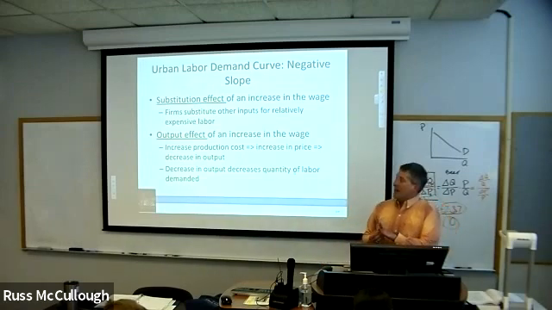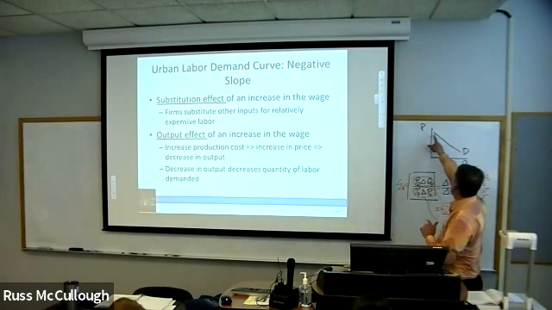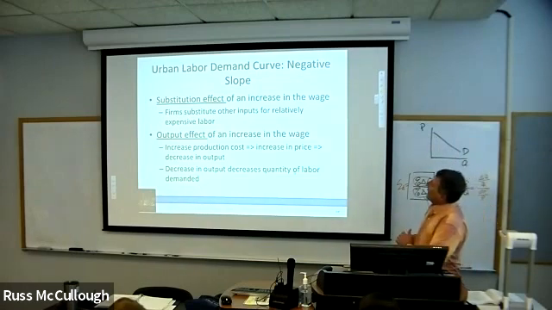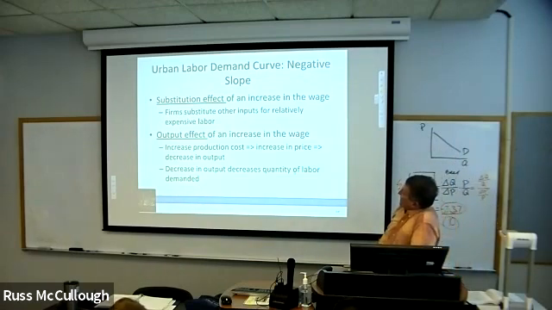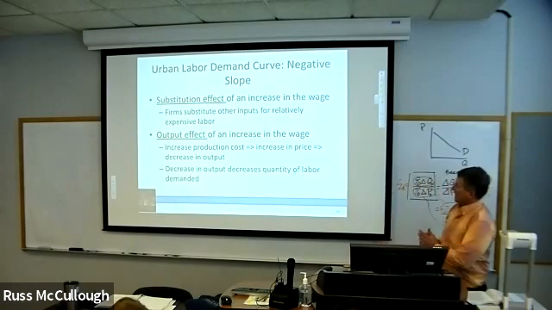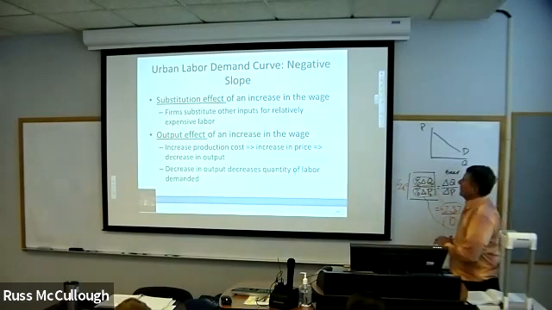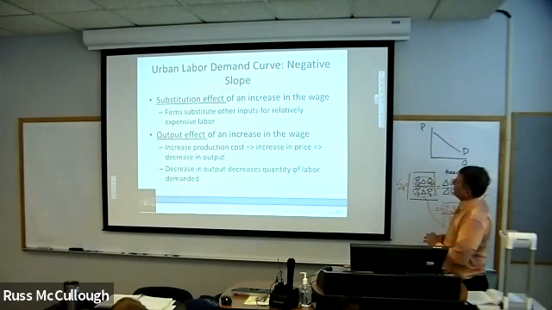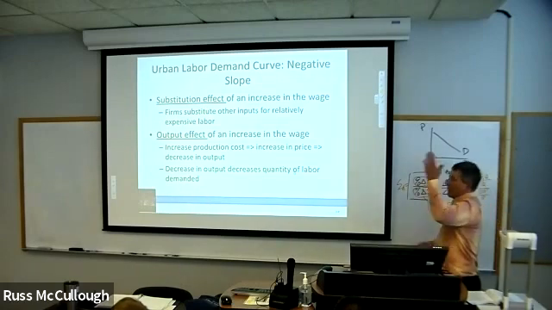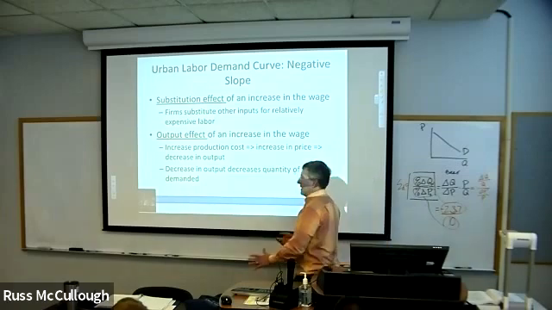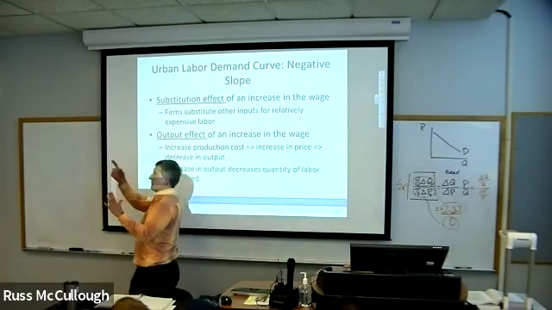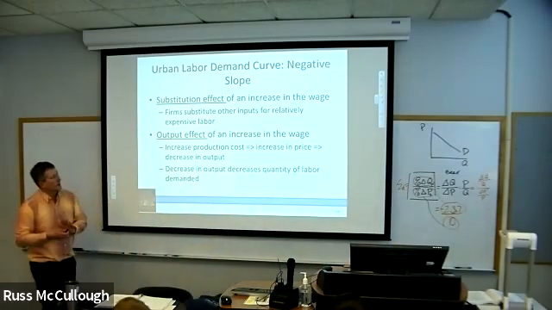For the labor demand curve, it is downward sloping. And so again, these are the businesses. So we have a substitution effect, an increase in the wage. Firms substitute other inputs for relatively expensive labor. So if minimum wage legislation is going on and we're going to have a raise in pay, I'm going to start to look for substitutes, right?